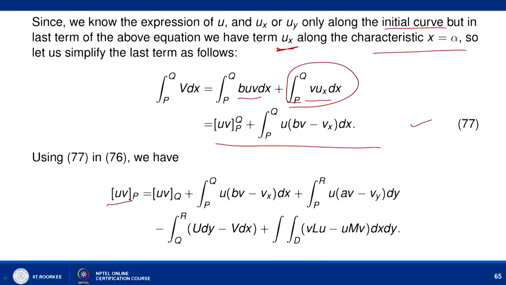Here it is uv from P to Q, so I can write this as uv at Q minus uv at P plus this term. Now, take that side. So, we have uv at P equal to uv at Q plus the integral from P to Q of u(bv minus vx) dx plus this integral from P to R of u(av minus vy). We are only writing this here; we have not changed anything.